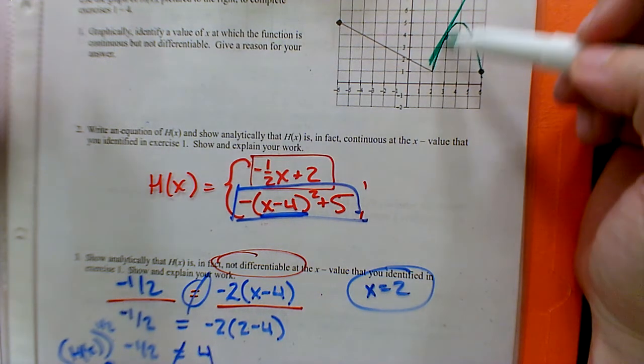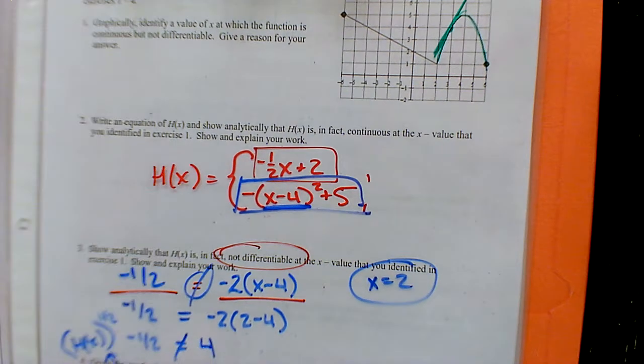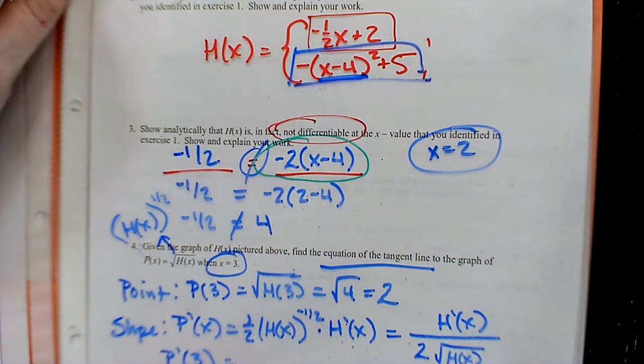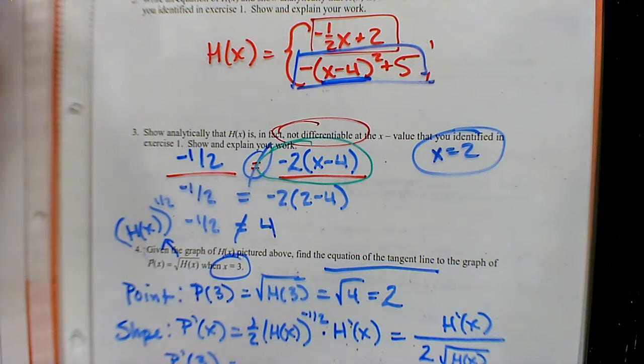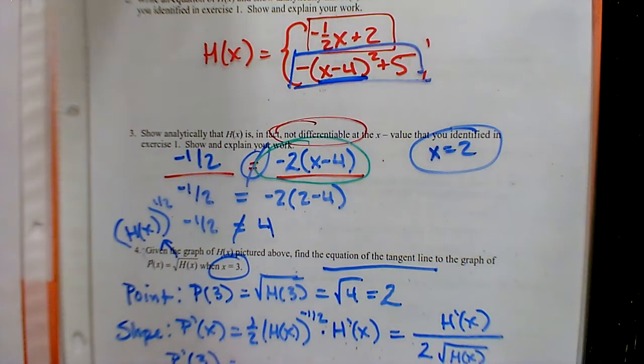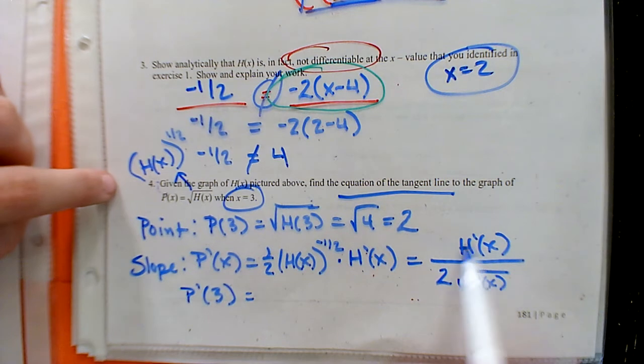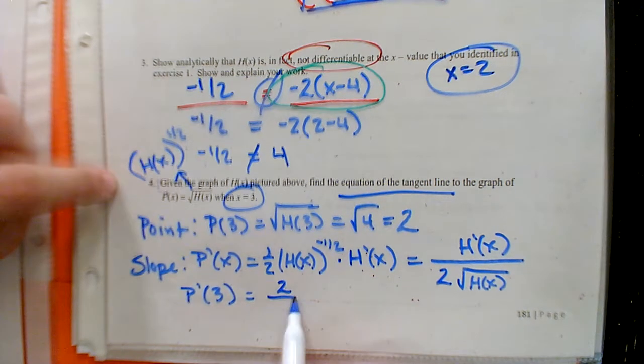And didn't we already figure out the derivative of that section as well in part 3? Didn't we say this was the slope, aka derivative of the right-hand side? So if you were to plug in 3 into that x, what would you get as your derivative? 2. Okay, so when you plug in 3 into the derivative of h, you actually get 2.